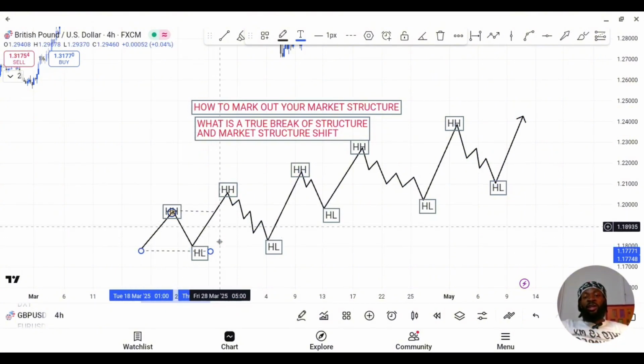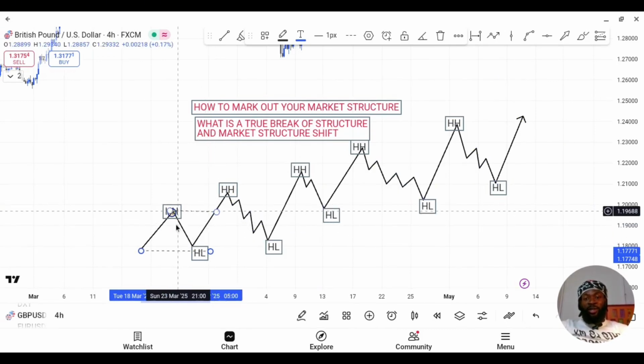Now, how do we know the market is in an uptrend? It is when the market moves and breaks this previous high, which is the swing high, the higher high.